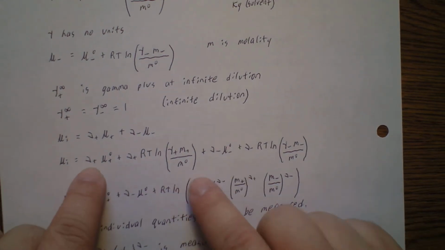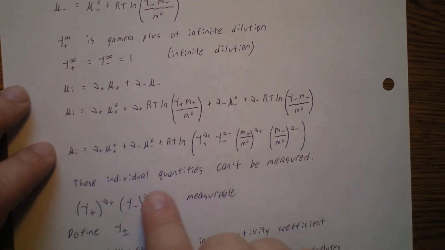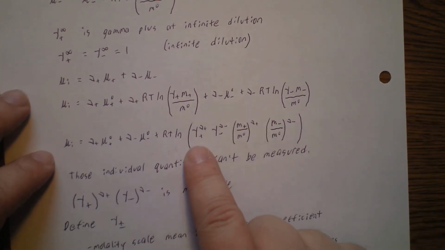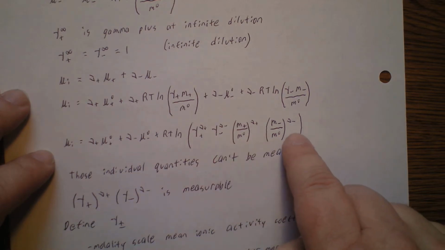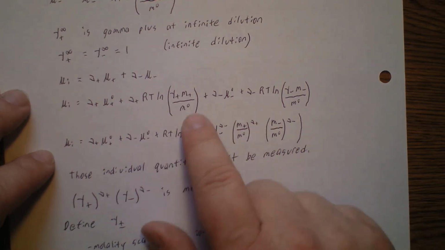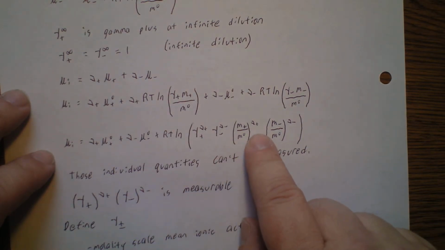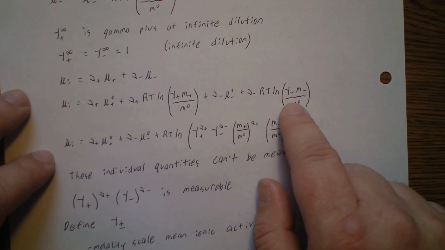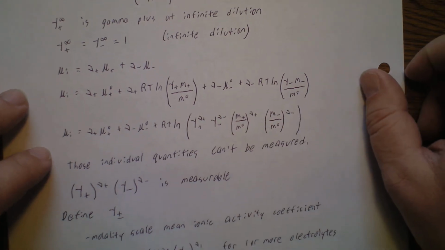This will be for the cation, and then the same thing for the anion, because you just put them together. And then you can factor out, and you get the gamma times molality over standard molality, pulled into the exponent, so you have to the nu plus power and to the nu minus power.